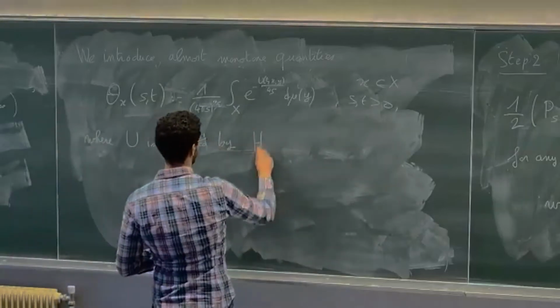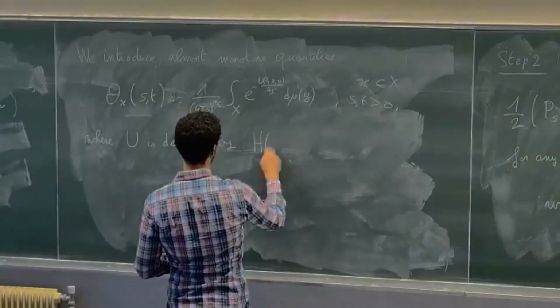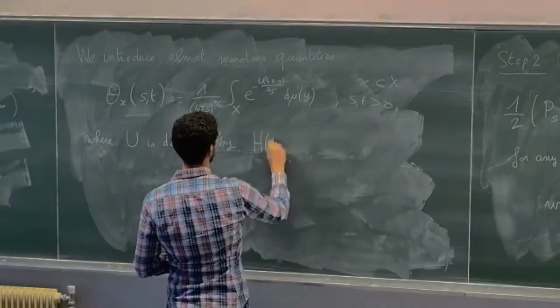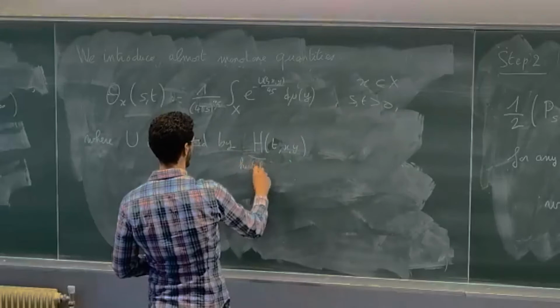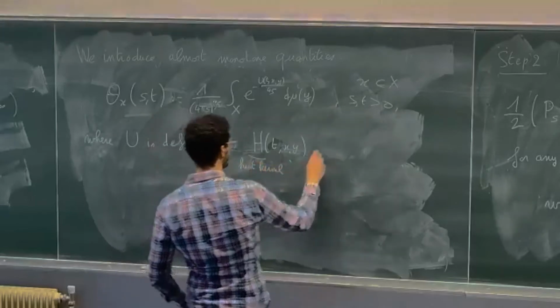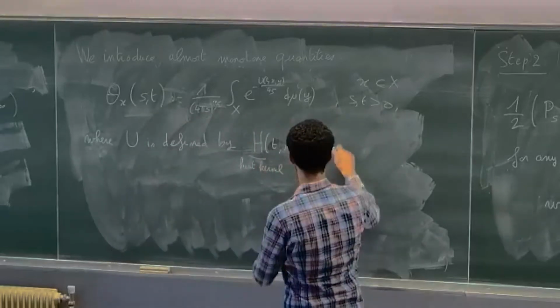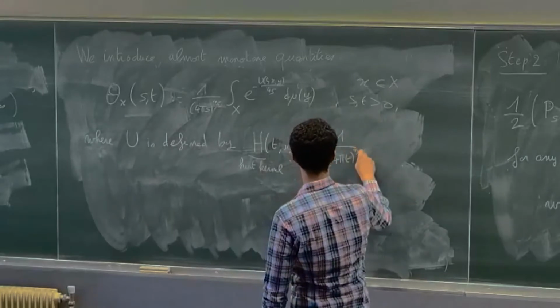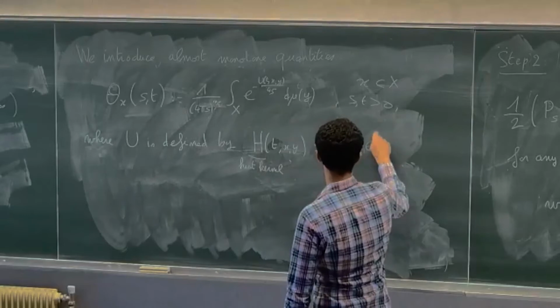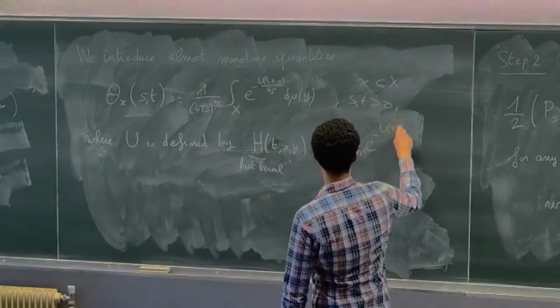So the heat kernel of the space, you want this to be equal to 1 over (4 pi t)^(n/2) times exponential of minus u_t(x,y) over 4t.